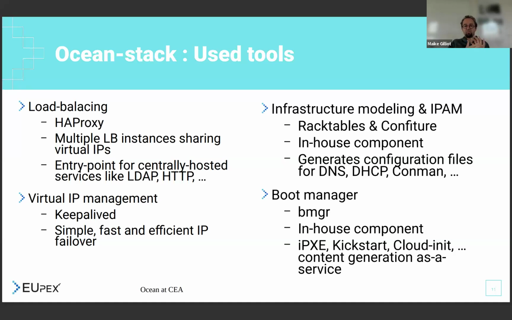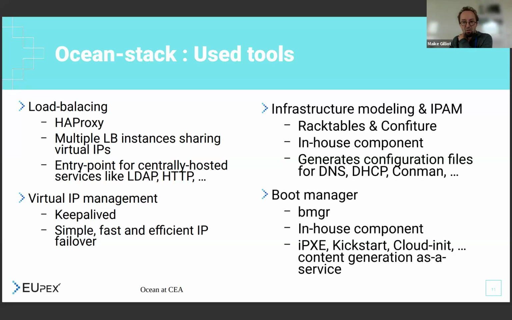To manage the infrastructure modeling and IPAM, we have an in-house component which is Confiture. Confiture is one of our projects, and all these tools are publicly available on CEA HPC on GitHub.